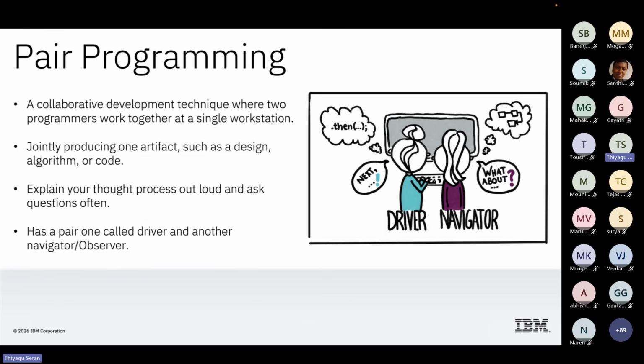In today's world, pair programming works like this: I'm the developer, I'm just doing the work, and someone behind me, called the navigator, tells me, okay, while I'm doing it, you are doing it wrong, this code change is not going to work. That's pair programming.